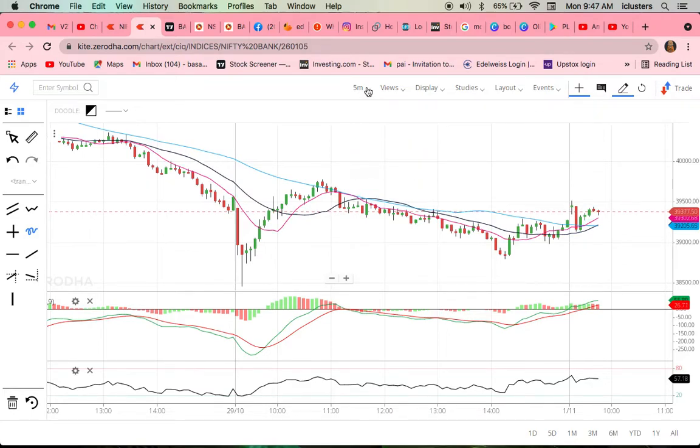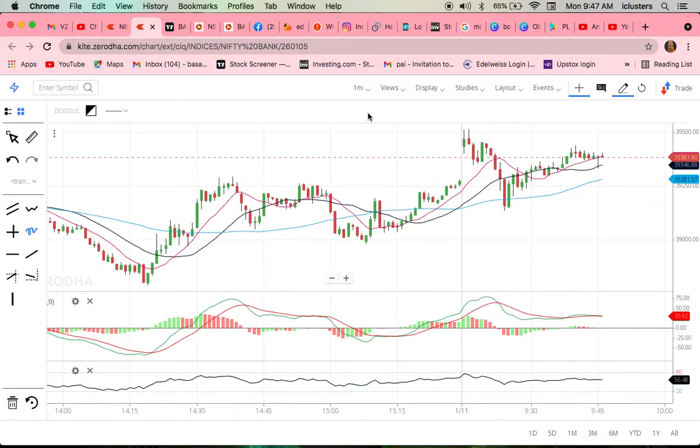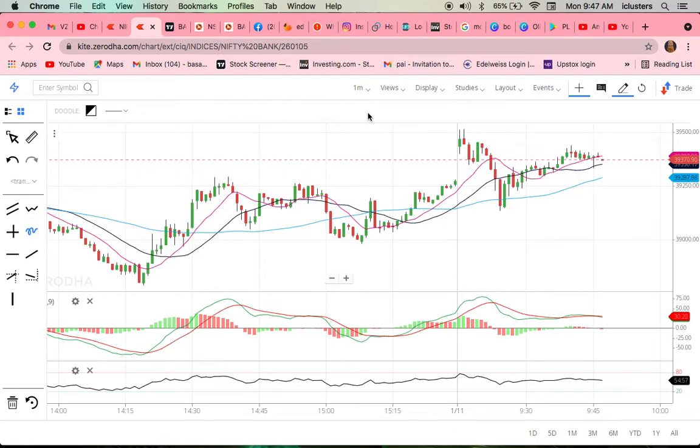Okay, I am going to look at it in the 1 minute candle, because we are discussing multiple time frame analysis, which means we want to observe the charts in multiple different time frames. We are using price action. See, where is the price moving exactly.